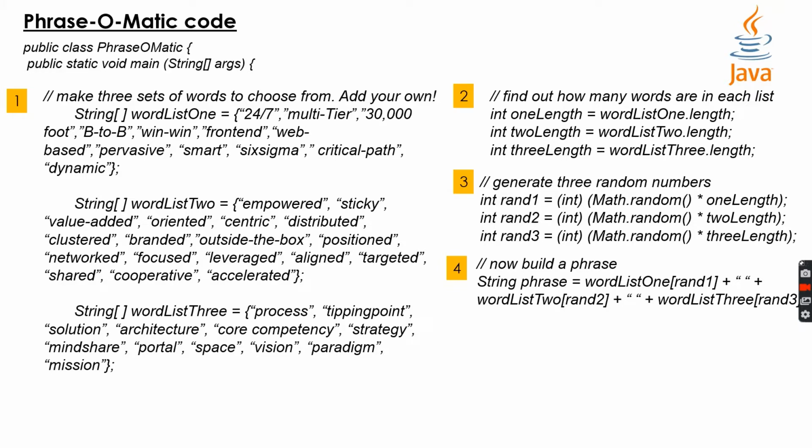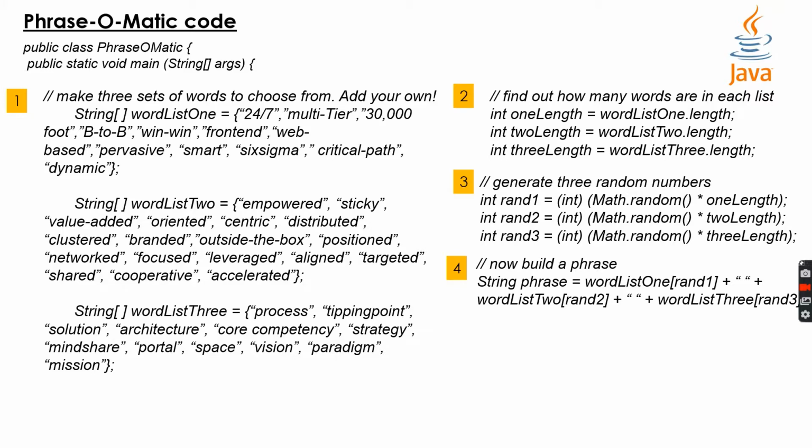So here, string phrase equals wordList1 at rand1, then we include the concatenation operation plus, so the space is there. wordList2 at rand2 plus the space, and wordList3 at rand3. So rand1, rand2 and rand3 are the positions we give to build our single string phrase.